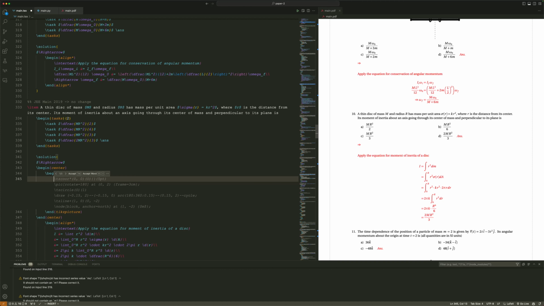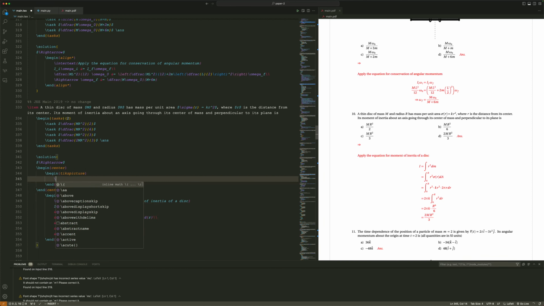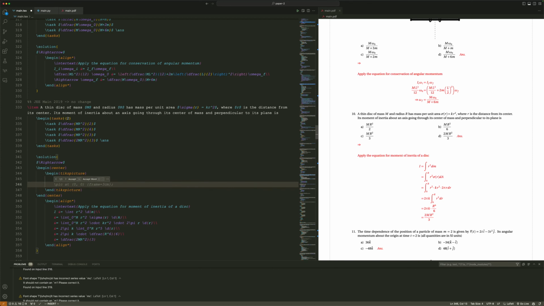I don't think I need to draw some of that. Let's define the coordinate first. So tikz coordinate, and we can put a dot. Yeah, it's right. So this is the coordinate O at 0, 0, and let's make a circle.